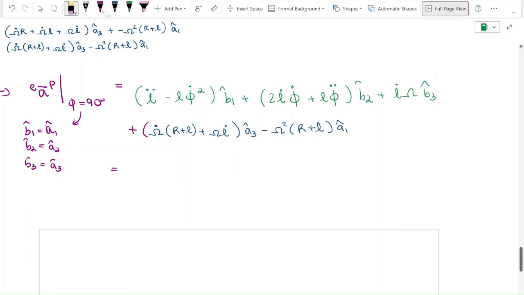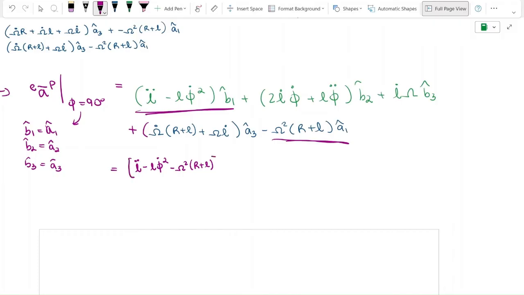So this becomes, we can combine the b1 and a1 terms. So we get L double dot minus L phi dot squared minus omega squared r plus L a1 hat. And then the b2 hat, we can just say it's equal to 2L dot phi dot plus L phi double dot a2 hat.